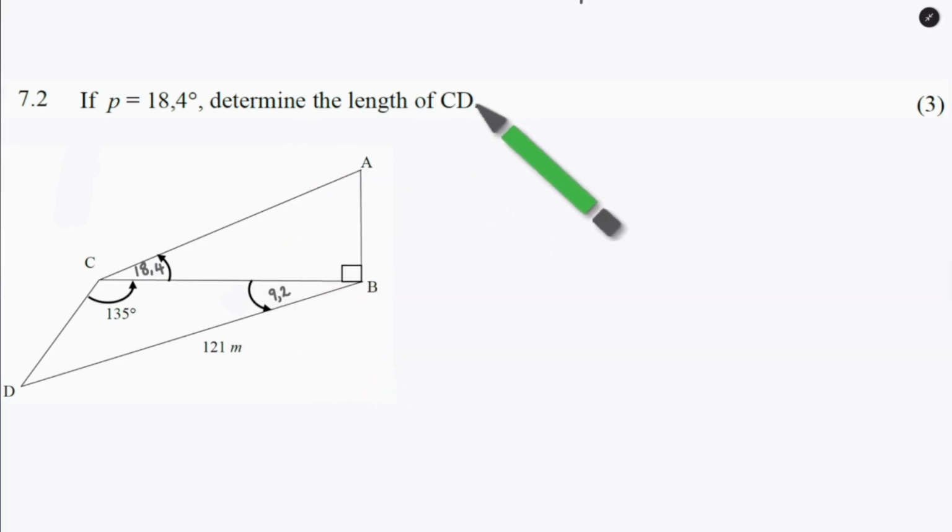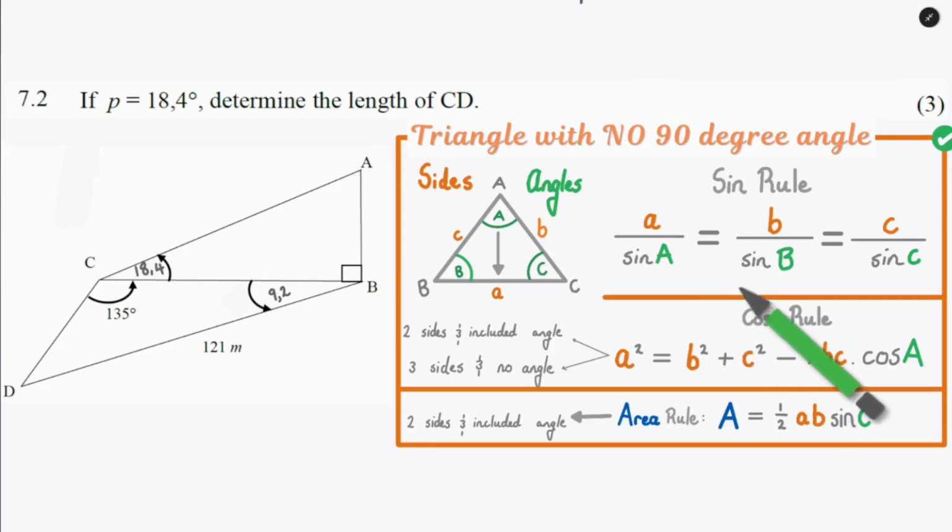And with that, we need to determine the length of CD. Now CD is inside of a triangle that does not have a 90-degree angle. So we're going to have to use other rules. We can't use SOHCAHTOA now. So we're going to have to use one of these 3 rules: the sine rule, the cos rule, or the area rule.